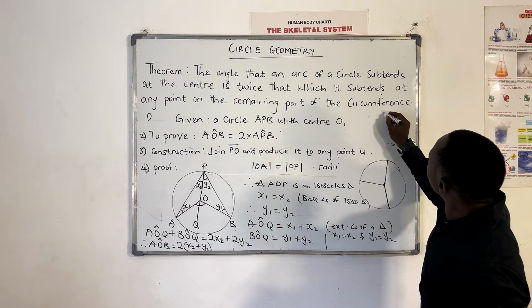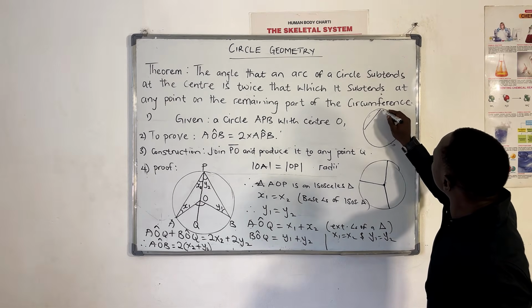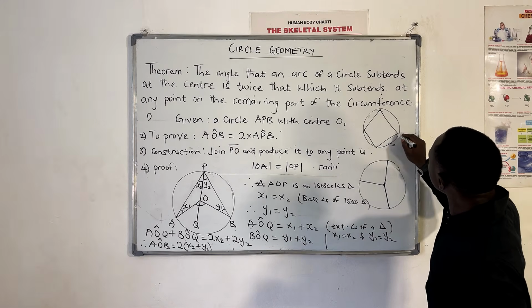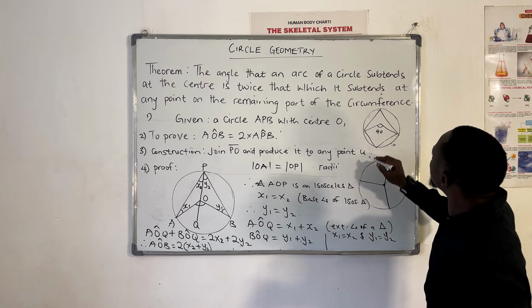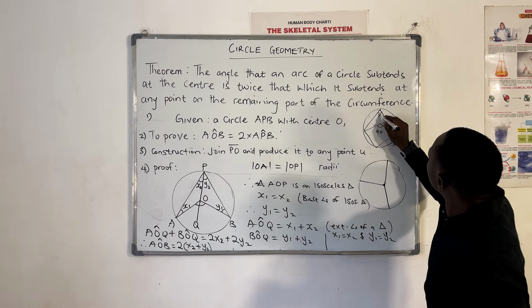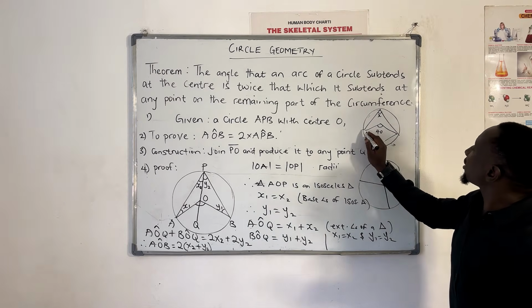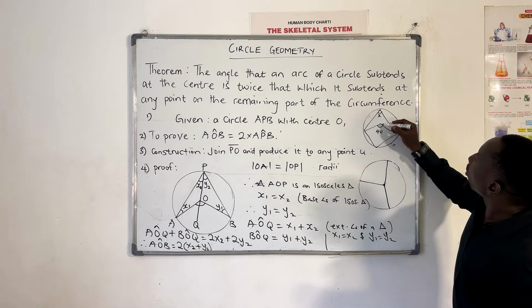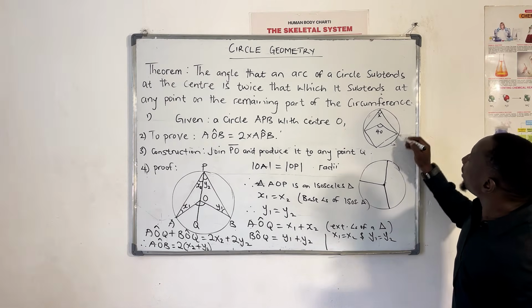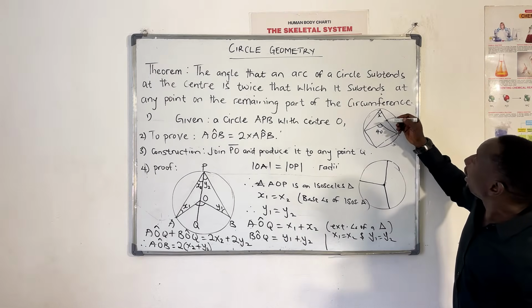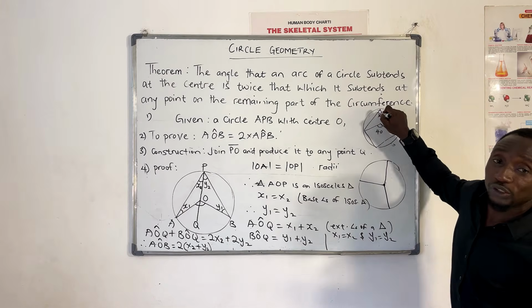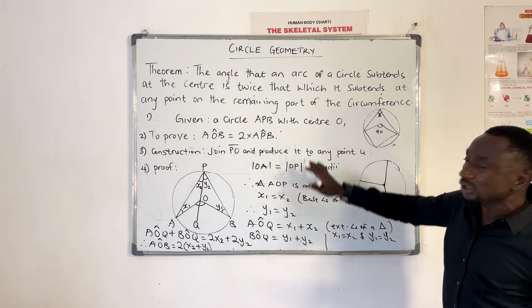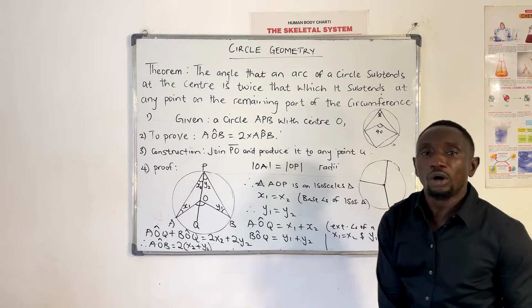If you are given something like this, and this is given to you as 40, and you are asked to find this, since this angle and this angle are subtended by the same arc, the one at the center is going to be twice the one at the circumference. So if the one at the center is 40, the one at the circumference will be 20. That is just the essence of the whole proof.